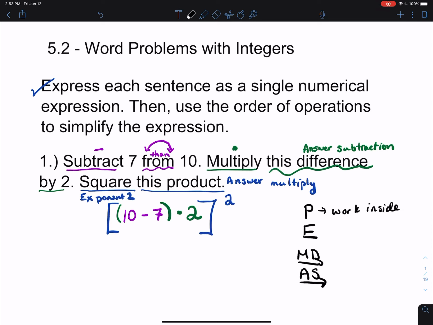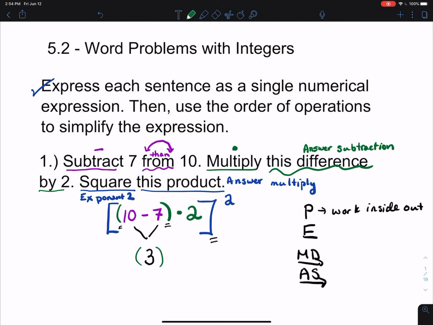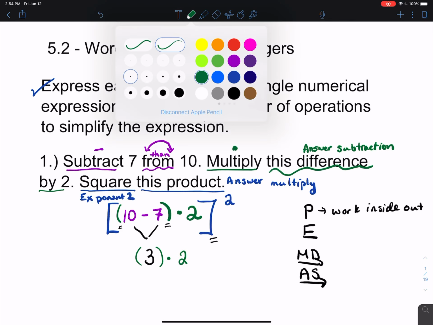So in this case, because I have two sets of parentheses or grouping symbols, I have these brackets and these parentheses. The parentheses are the innermost set, so I'm going to work there first. I'll do that 10 minus 7, which gives me 3. Now I'm going to bring down everything else so I don't forget about it.